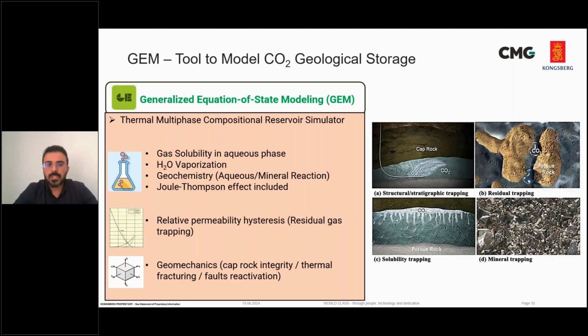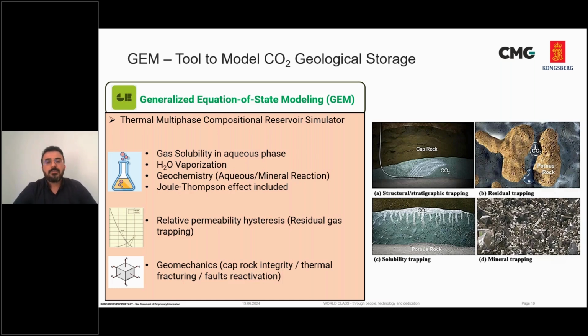On the fluid side, we can model CO2 solubility in the aqueous phase. We can also model H2O vaporization, and all the geochemical reactions inside the aqueous phase and any mineral reactions between the rock and fluid.